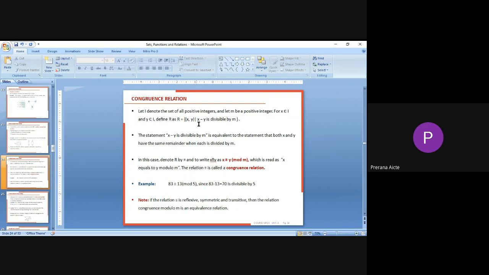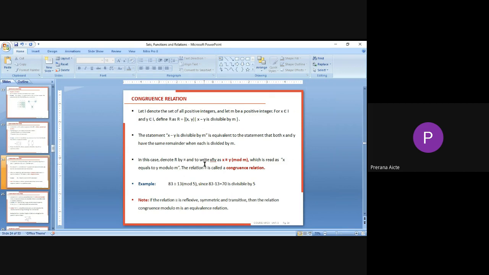What is the meaning of x minus y divisible by m? It is equivalent to the statement that both x and y have the same remainder when each is divided by m. So x divided by m and y divided by m should give the same remainder. Then I can write that x minus y is divisible by m. If the ordered pairs in that relation follow that property, then that relation is called a congruence relation.